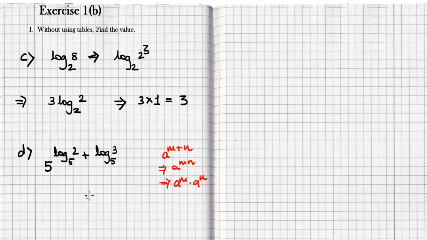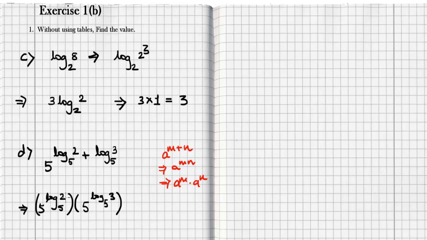So basically this will be written as 5 to the power log of 2 to the base 5 times 5 to the power log of 3 to the base 5. Okay.